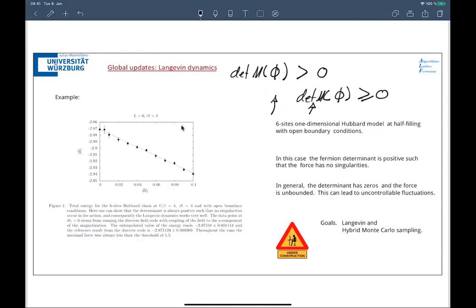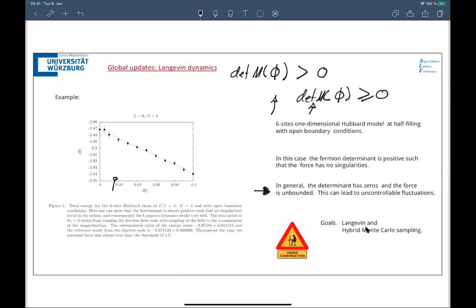This is one of the big issues, so for problems where zeros are present, this is a hard thing to control. I won't take more time on this. Just to tell you that we are still working on this. There's a branch where we have the Langevin code, which produced these results here. This is still work in progress.